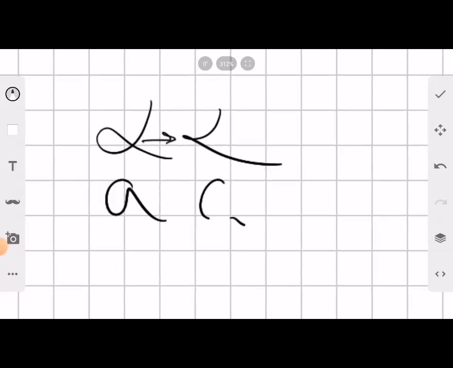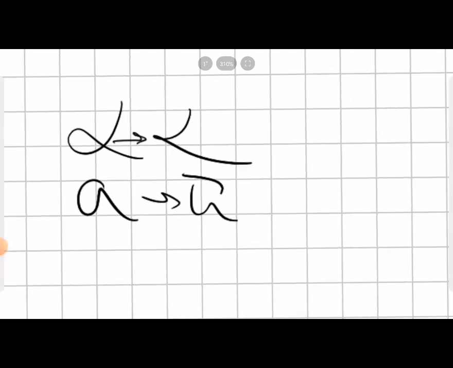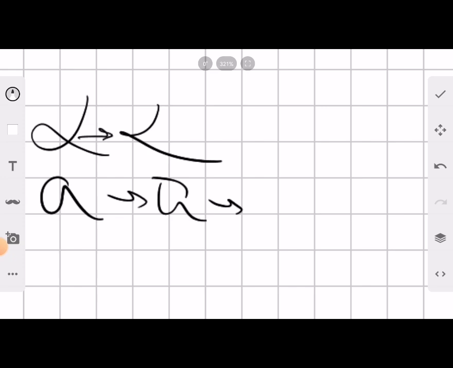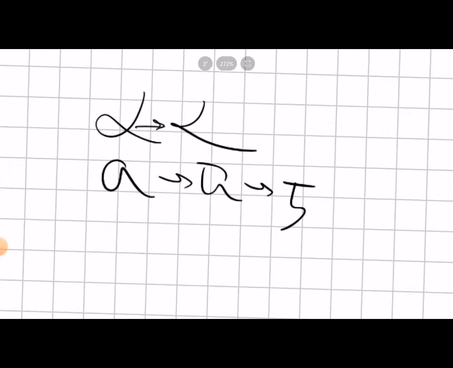Or maybe... damn, this doesn't work really, because it gets merged into U. Maybe we could put here some lid to distinguish it from U, and then, is it the digit 5?